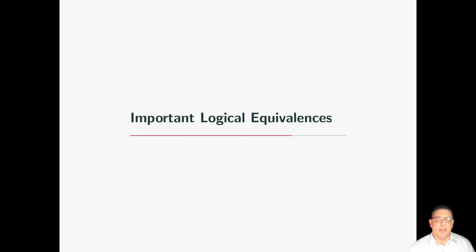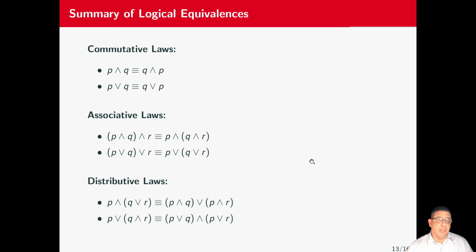Now, we have a bunch of important logical equivalences, and we're going to check some more of this in the examples. But here are some of those particular laws. We have the commutative laws: if you have P and Q, that's the same as having Q and P, or if you have P or Q, it's the same as Q or P. That doesn't change anything.